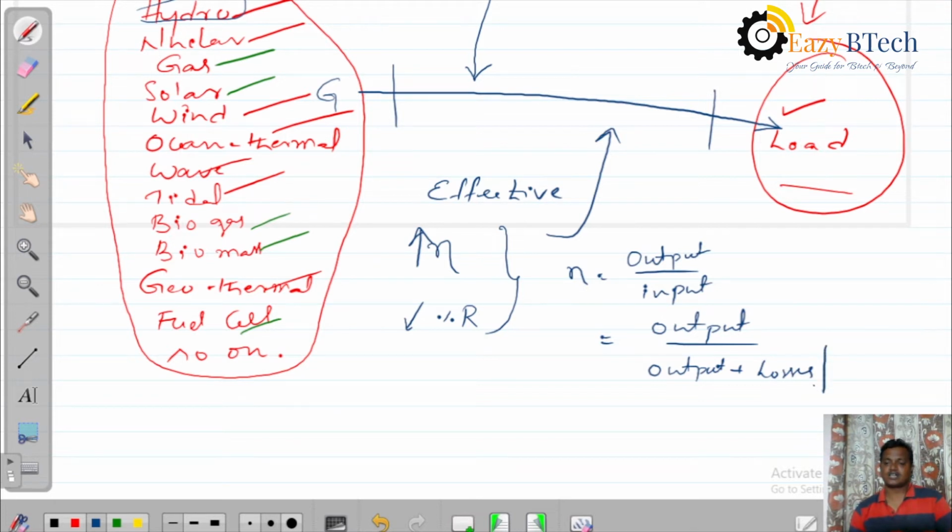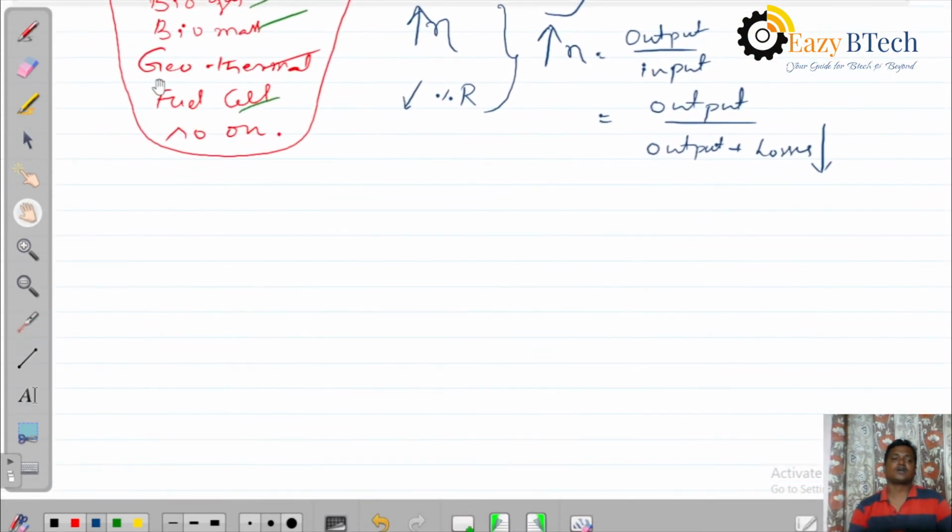If losses are less, then automatically efficiency of the transmission system is more. Now, how to reduce the losses? Already we know that the losses are nothing but I square R losses in overhead transmission or underground. I square R losses, this is for single phase. 3I square R for 3-phase system.